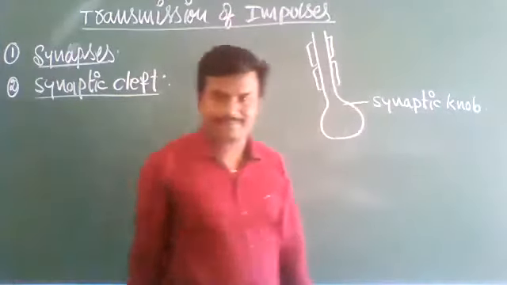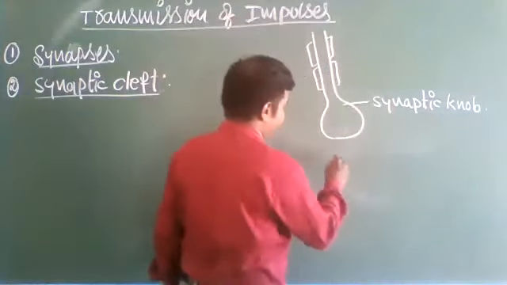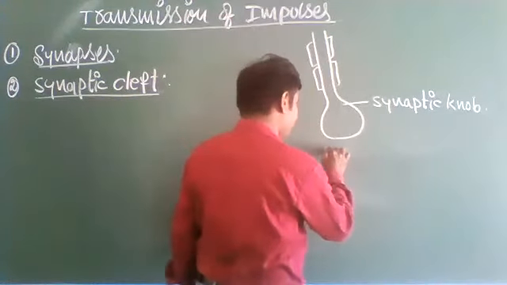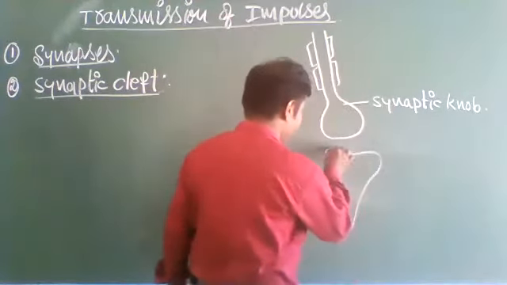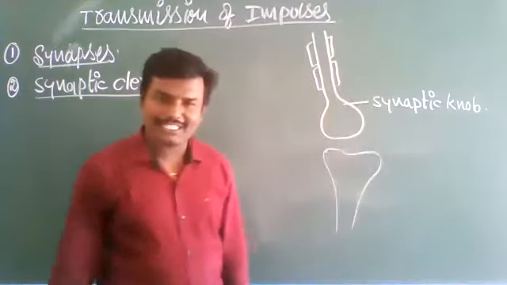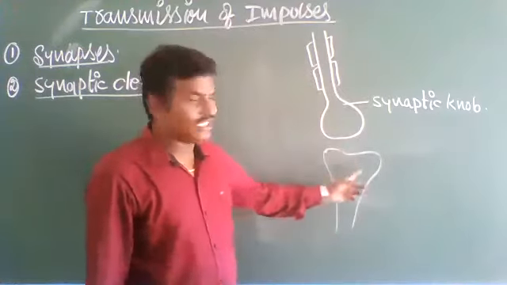Synaptic knob. Next, here, this is the dendrite of another neuron.